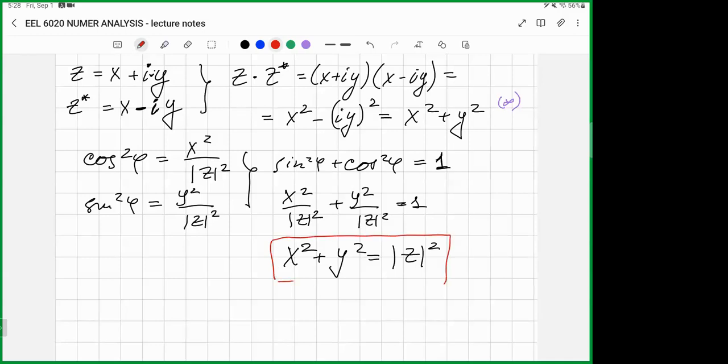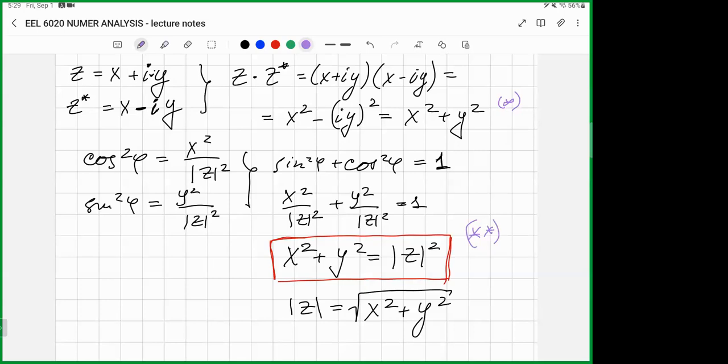So this is basically the formula that allows us to find the modulus, the absolute value of the complex number, from the real and imaginary parts of this number. So it's going to be the square root of x squared plus y squared. So far, so good. Let's denote it by the double star.